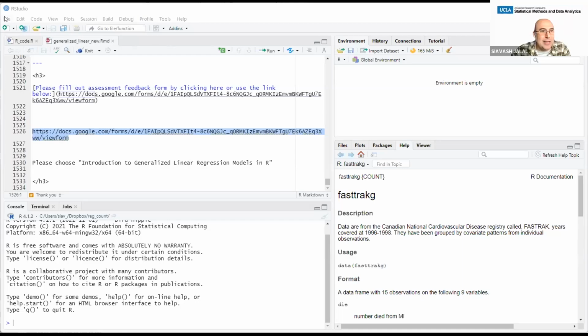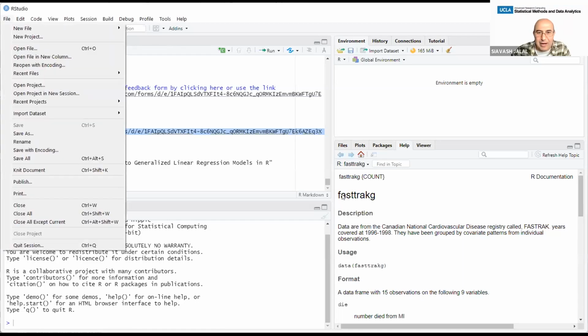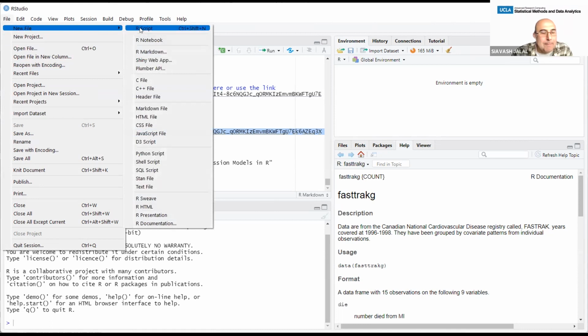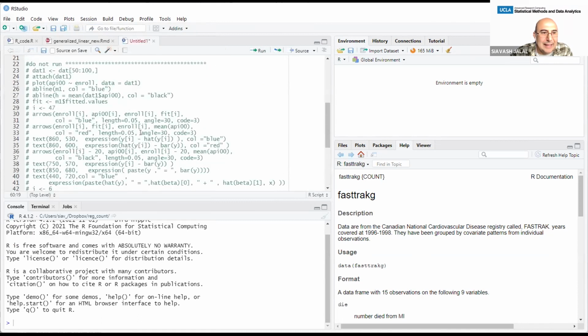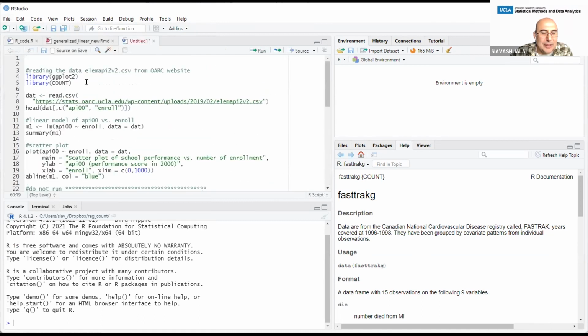Let me share my R again. And then you can go to the file. By the way, I expect you at least have some understanding of R. You don't have to be an expert in R. In an R script, you can paste the code here, and then you should be able to run the code if you would like to follow the workshop along with me.